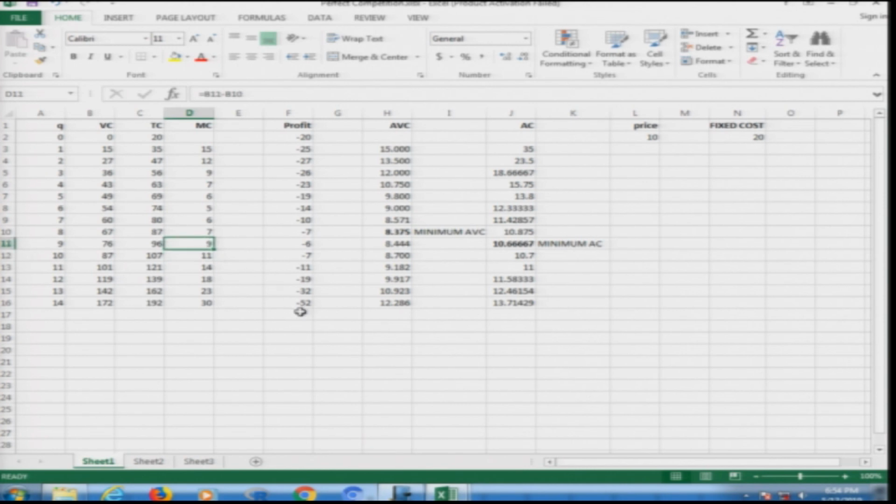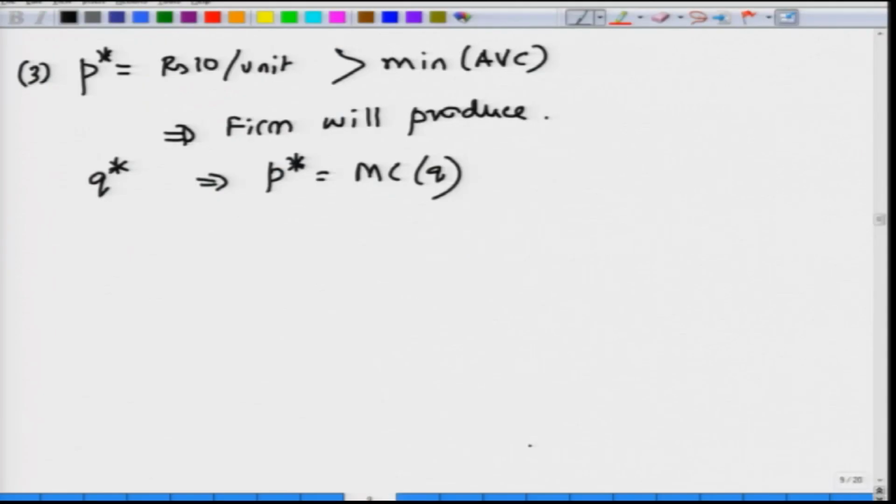So, the firm is going to stop at Q star equal to 9 and will incur a loss of 6. Why 6? Because the revenue will be 10 times 9, which is 90, minus the total cost, which is 96. So, its profit is going to be minus 6. So, the firm will choose to produce Q star equal to 9 units.